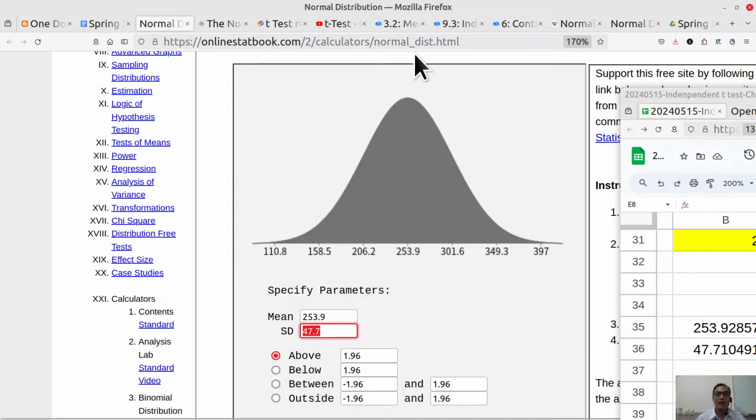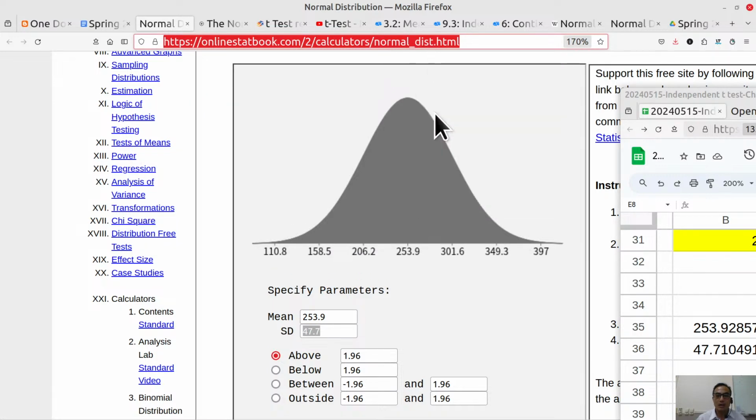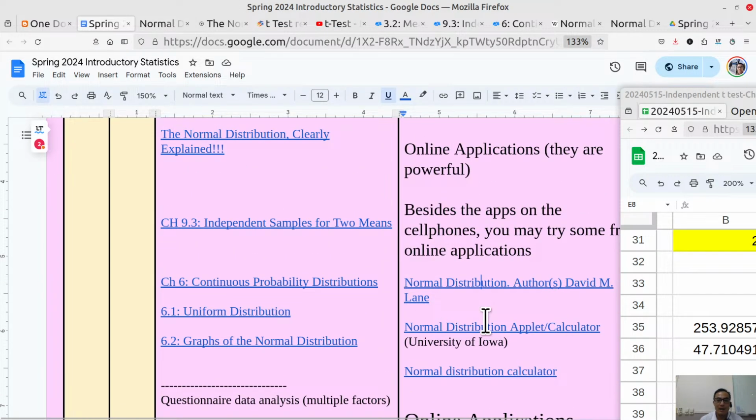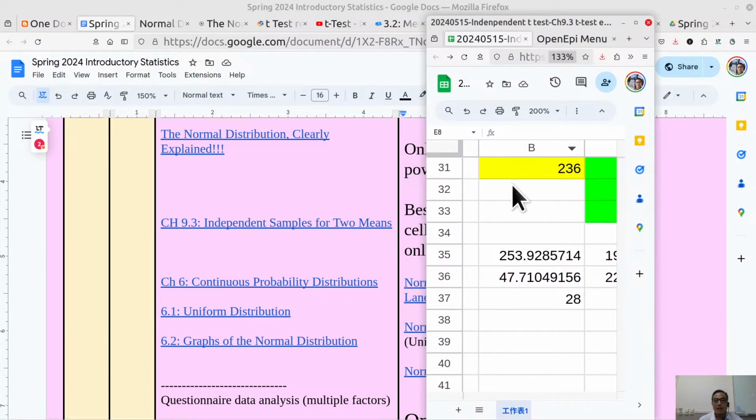Okay, then please use this website. I'll copy and paste this website. You can find the website here from my syllabus. Or you can do it, and please plot the information here. You know, when I was a PhD student, we had no such software to draw the bear shape.